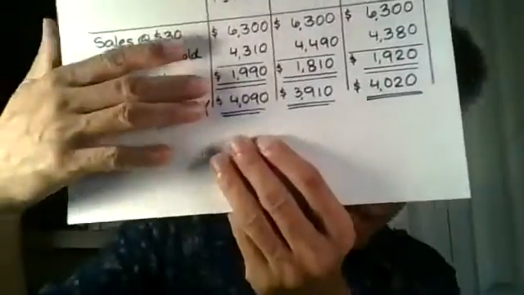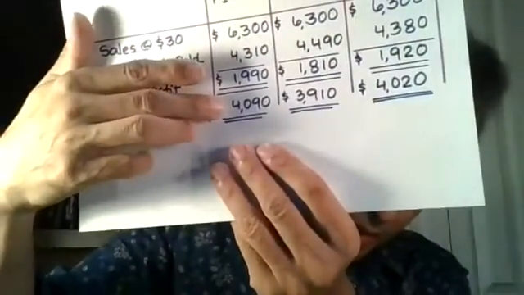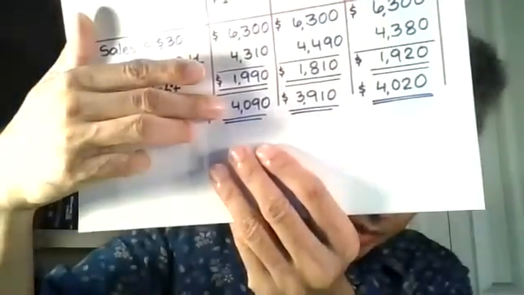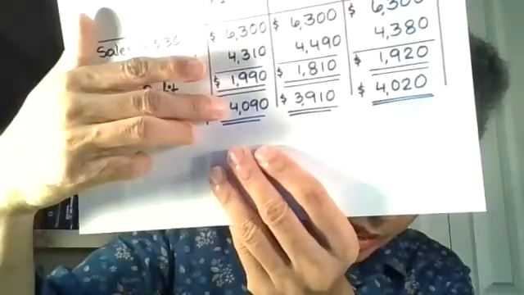So let's see if that works. Tell me your closing stock value, which one has the highest? FIFO is going to have the highest closing stock value because the prices have been going up slowly. So 4,090 versus 4,000, weighted average 4,020, LIFO 3,910.